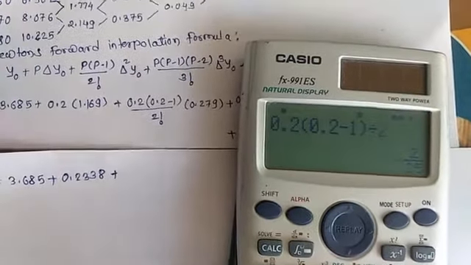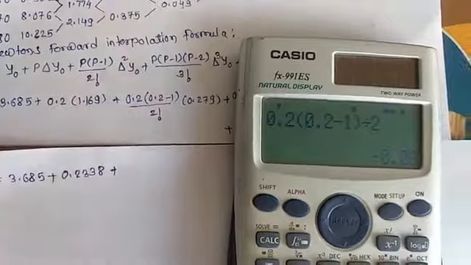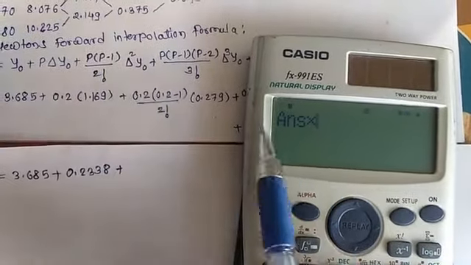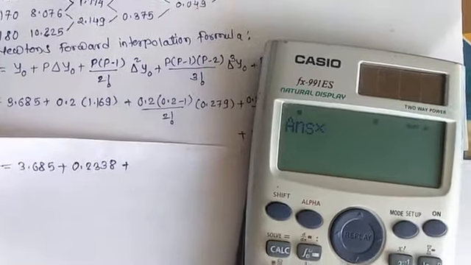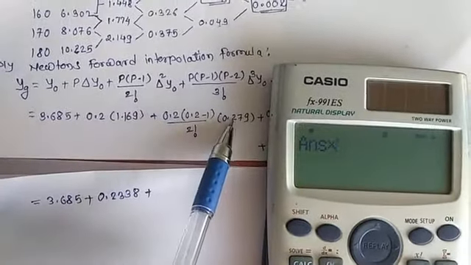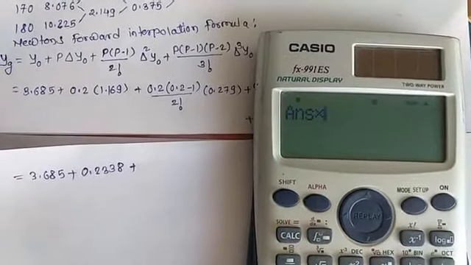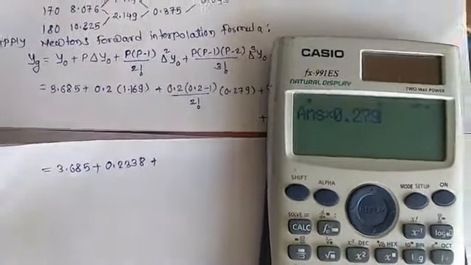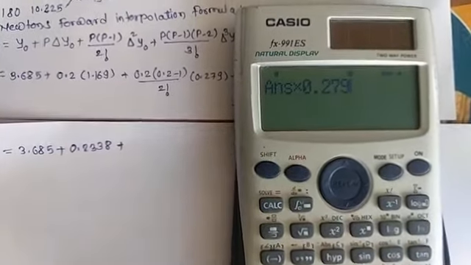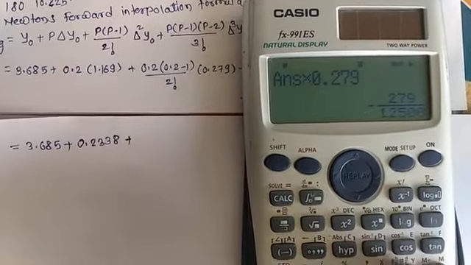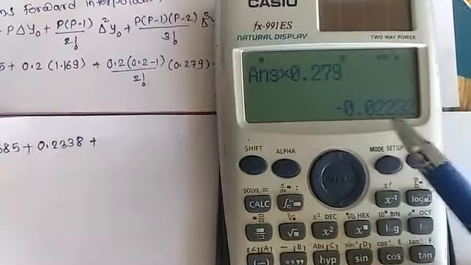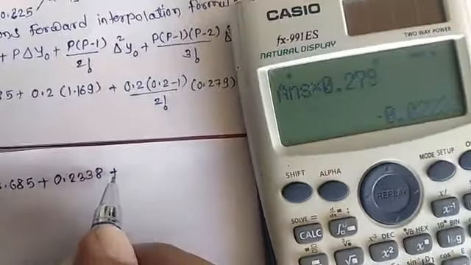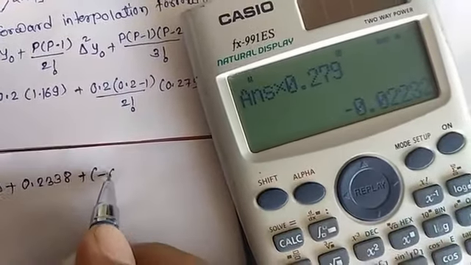So it is minus 0.08, and we have to multiply this by 0.279, which is the value of del square y0. Which gives us minus 0.02232.